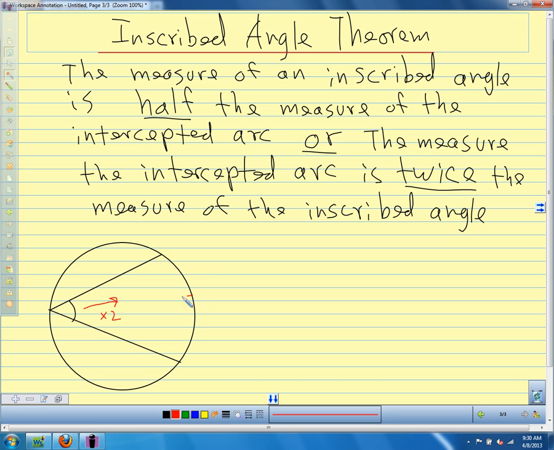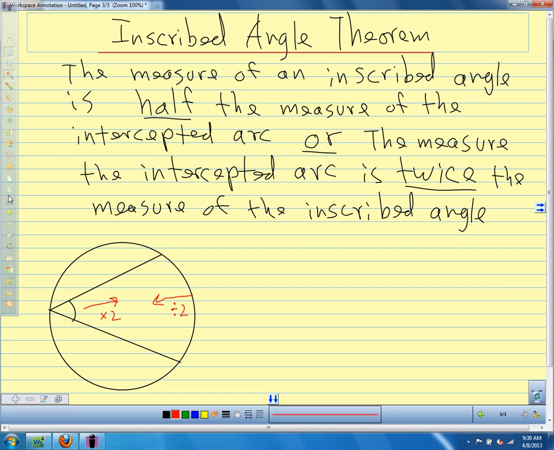To go from the arc to the angle, divide by 2. So go from the angle to the arc, multiply by 2. Go from the arc to the angle, divide by 2. So that's our theorem about inscribed angles. That's our main thing that we're talking about today. So questions about our theorem?